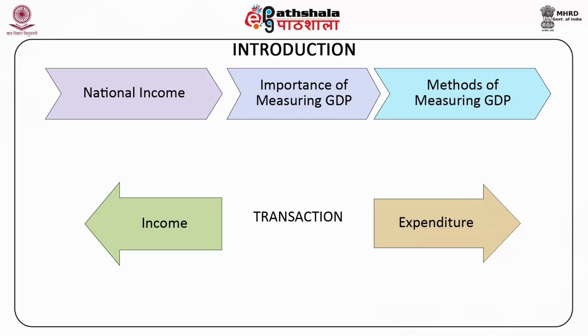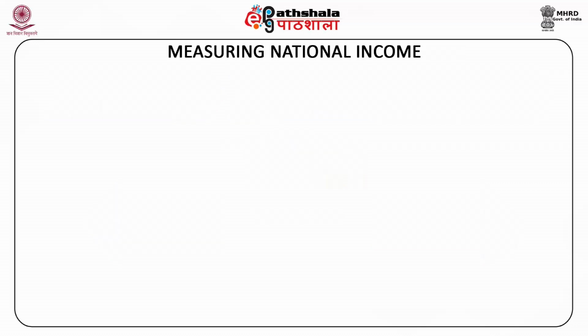Accordingly, GDP can be measured from any of these approaches, the income approach or the expenditure approach. Apart from these two aspects of transaction, there is one more aspect which focuses on the value added to the product. This forms the third approach, the value added approach. Now, let us look at these approaches in detail.